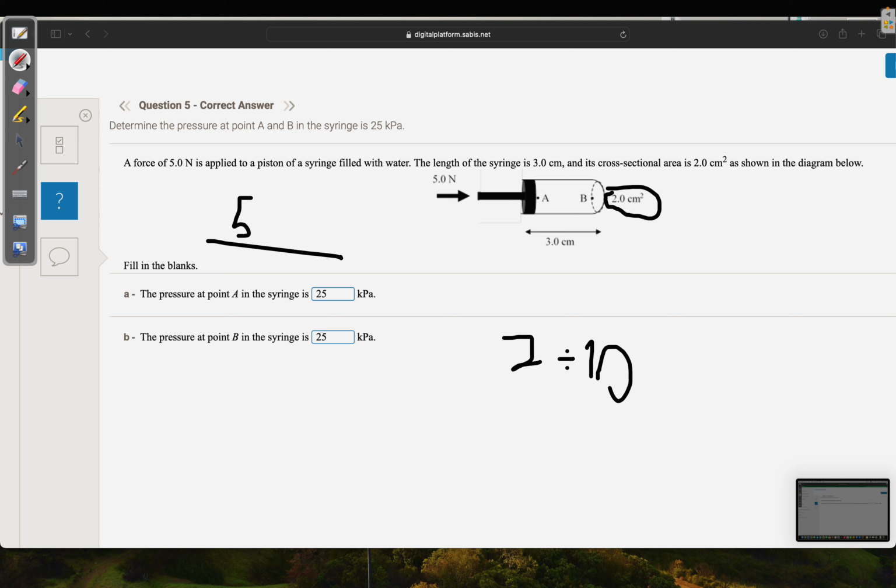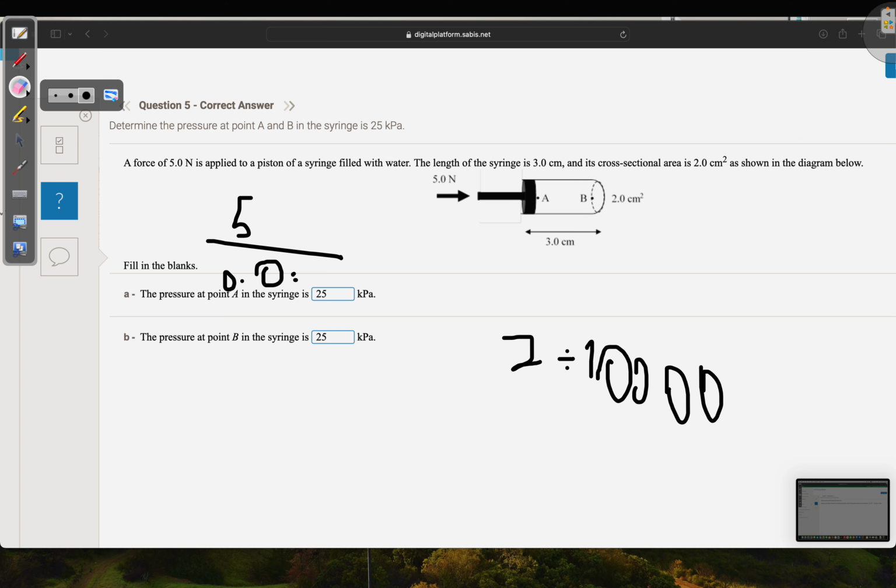Okay. Sorry for the bad handwriting. Okay. So we're gonna have to do 2 divided by 10,000 to convert from centimeter squared to meter squared, and we'll get 0.0002. Just wait.